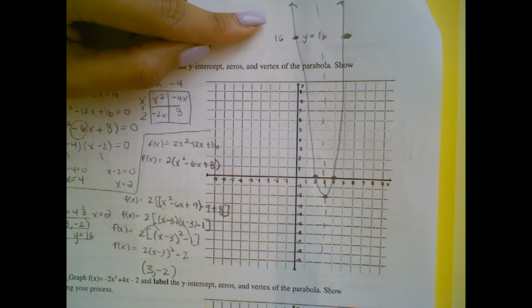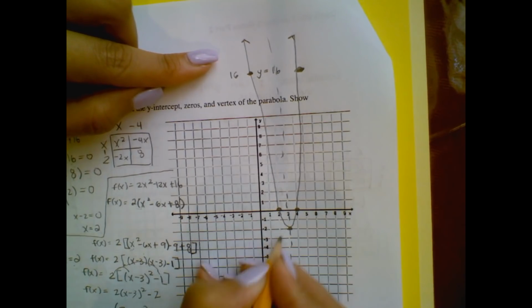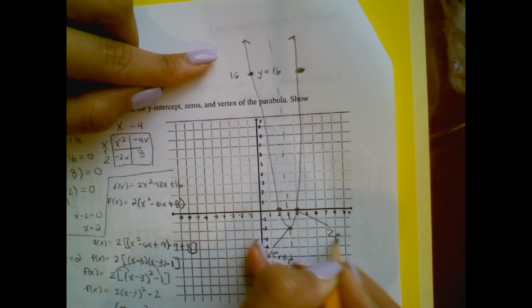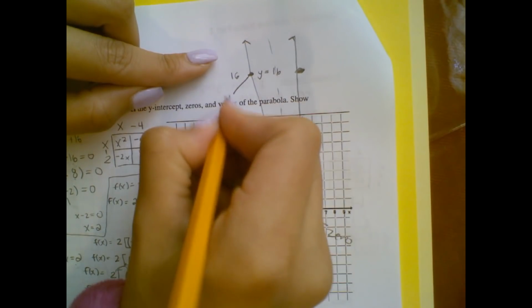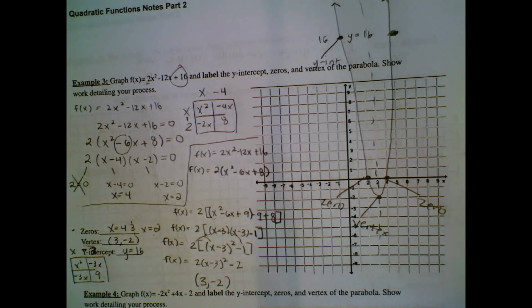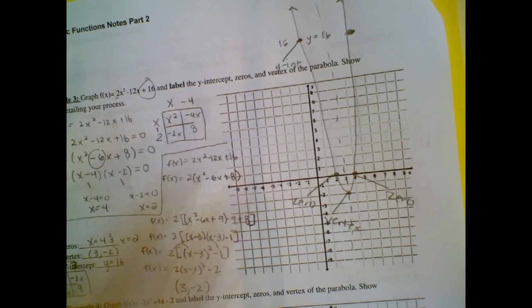There you go. Okay, now we got to label. So this is my vertex. This is my 0, and my y-intercept. So remember, you got to label everything to demonstrate to me that you understand how we put all the skills together into this graph.